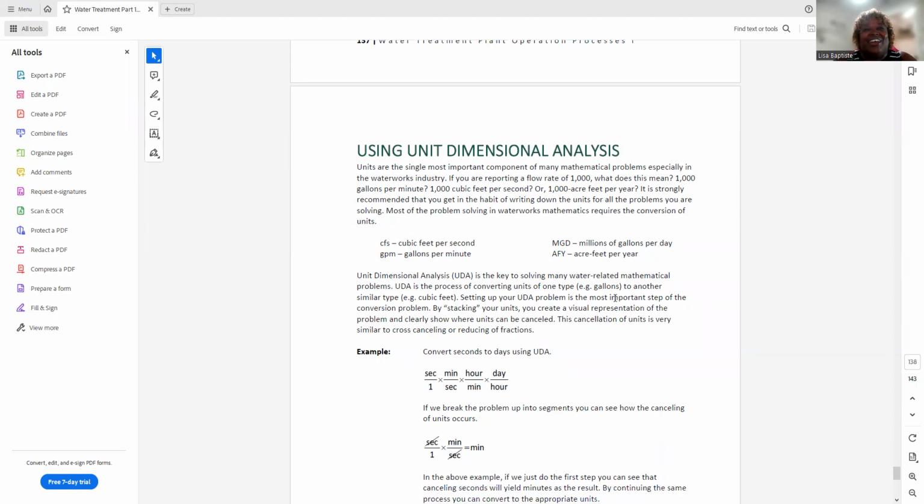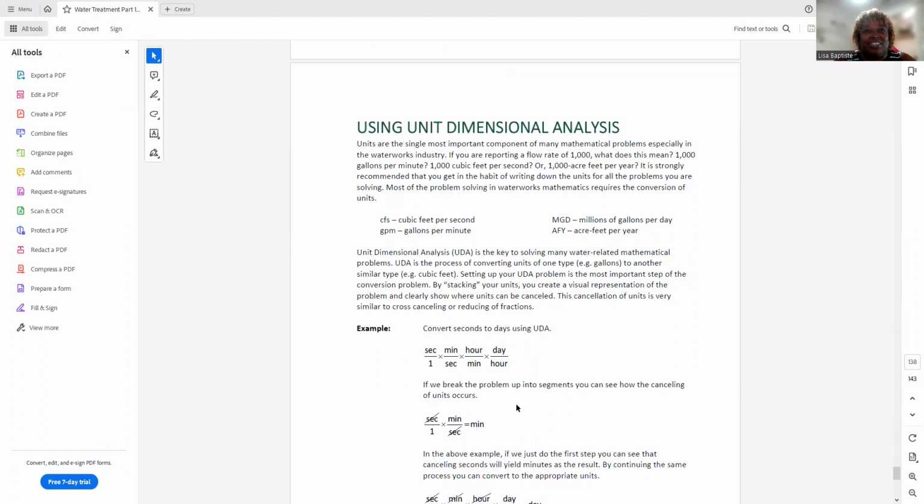And so when we're looking at dimensional analysis, what that means is that we are converting from one particular unit to another unit. For example, if we are given a number in seconds and we want to convert it to days, we start with seconds and then we multiply it by the equality between seconds and minutes.